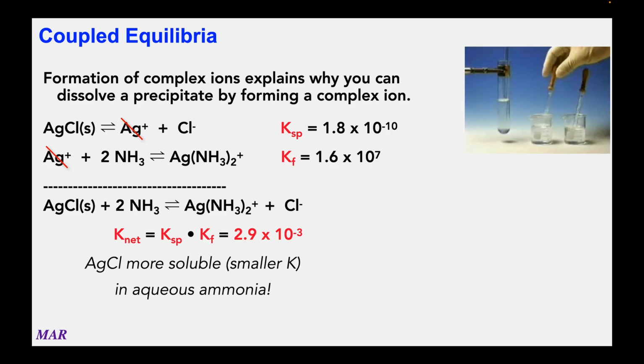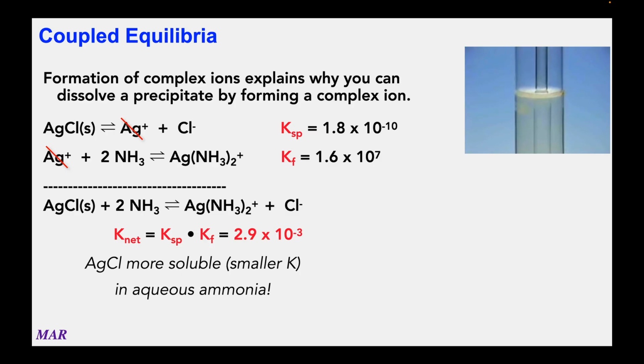When solutions of silver nitrate and sodium chloride are mixed, insoluble silver chloride precipitates from solution. When we add ammonia to the mixture, however, the precipitate redissolves.